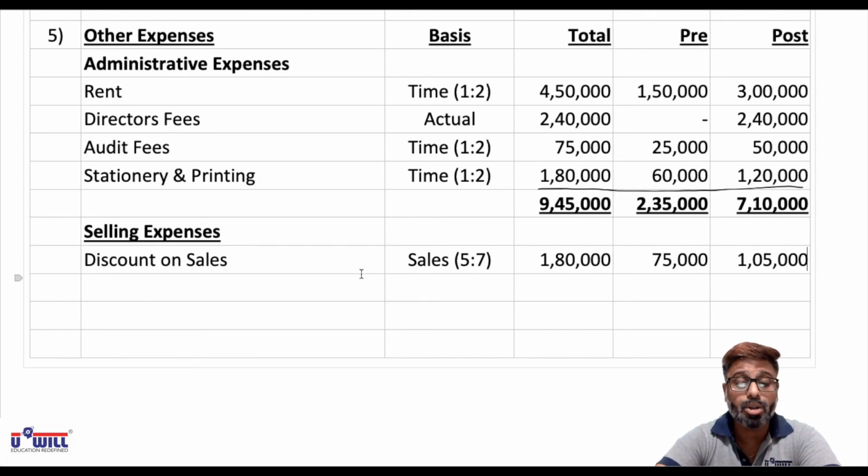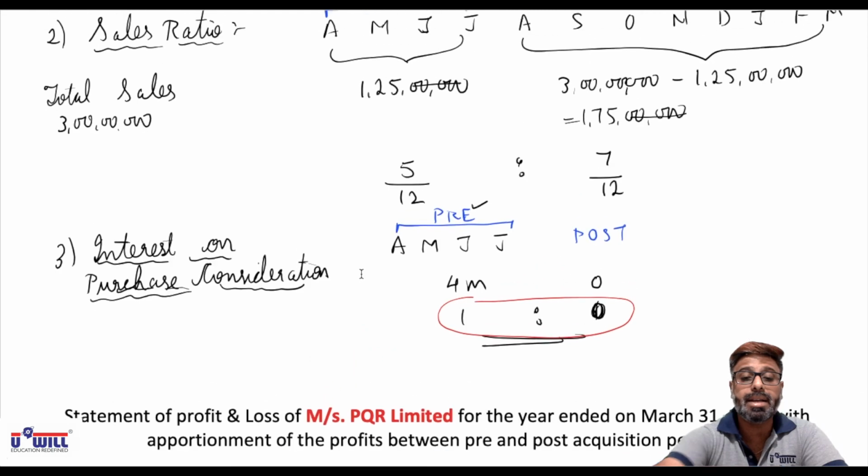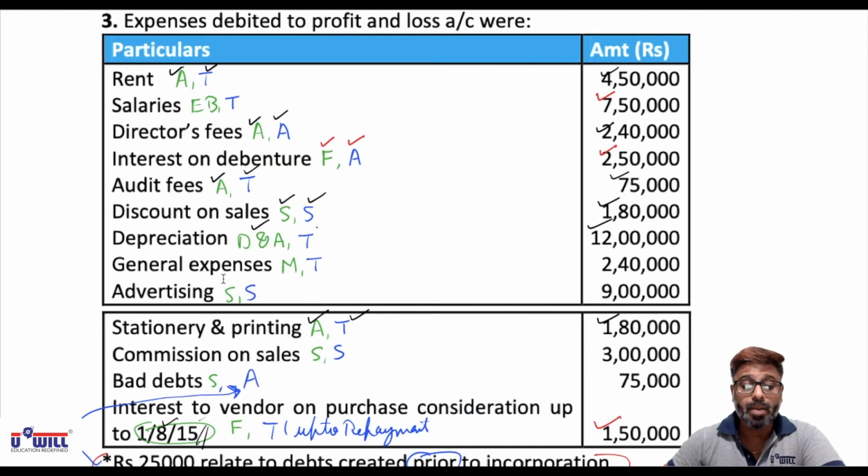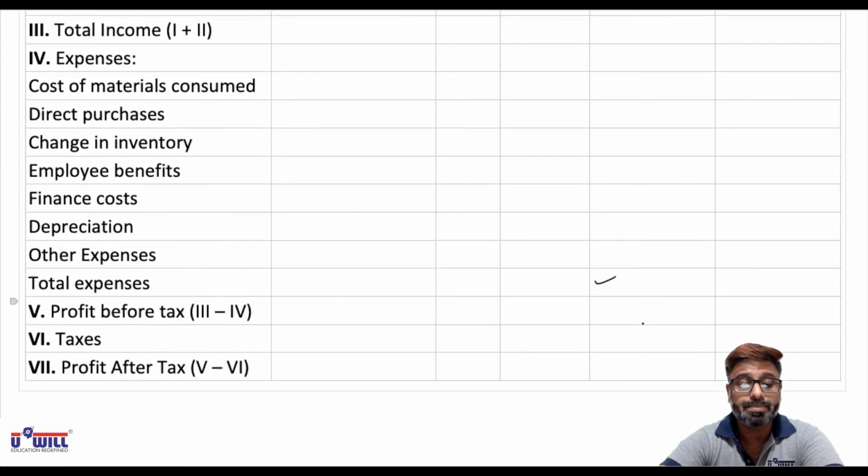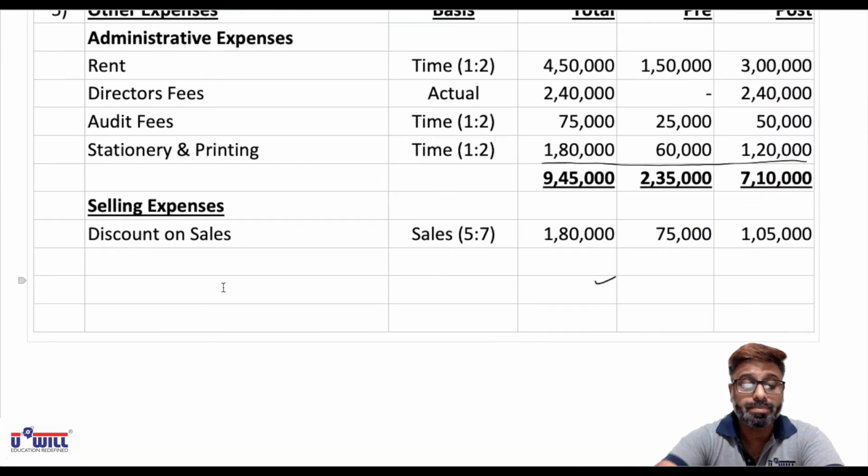Then after discount on sales, which other item is marked in green letters as S? Advertising, sales ratio, 9 lakhs. Sales ratio means again 5:7, 9 lakhs.